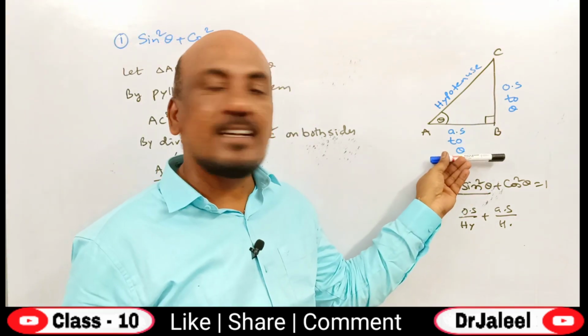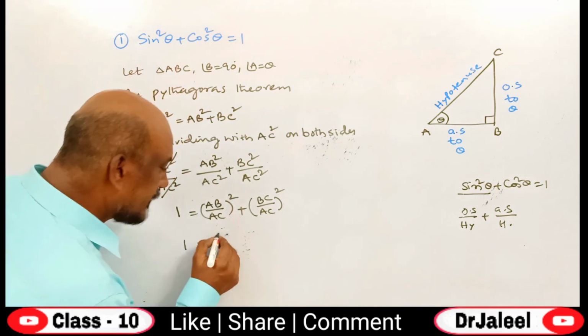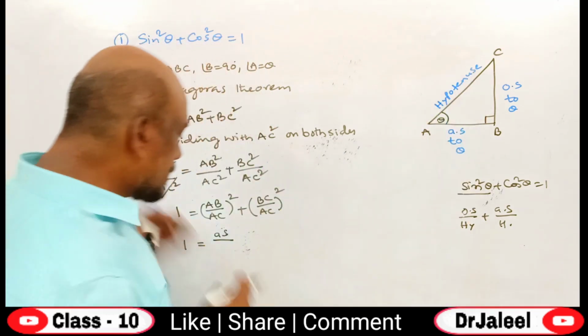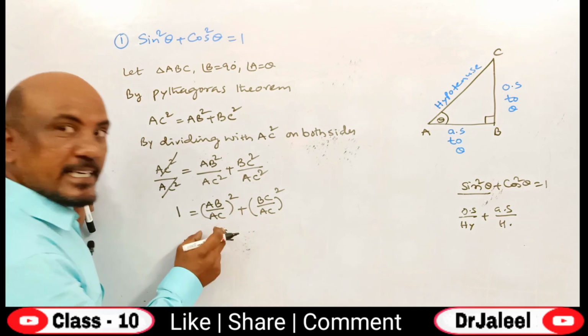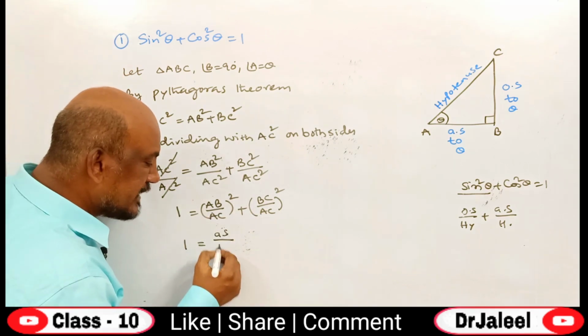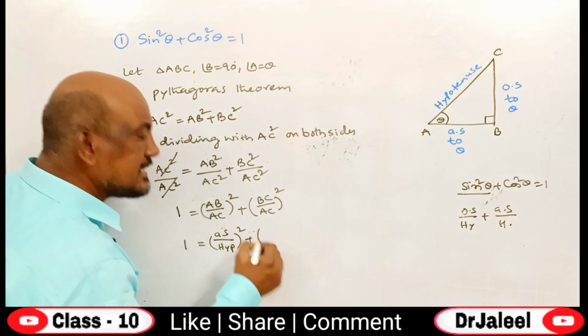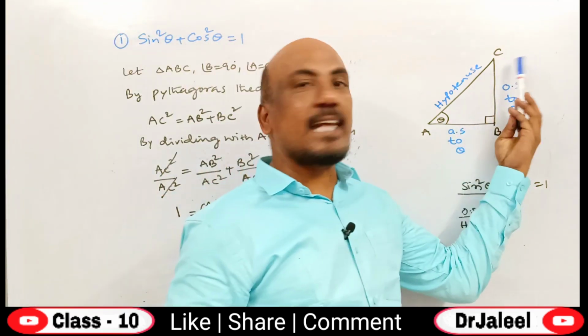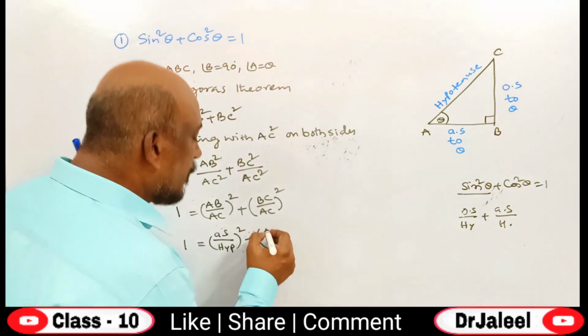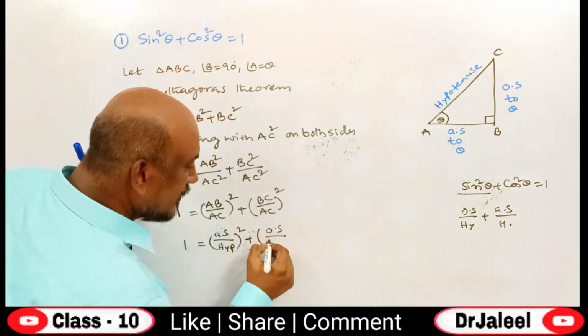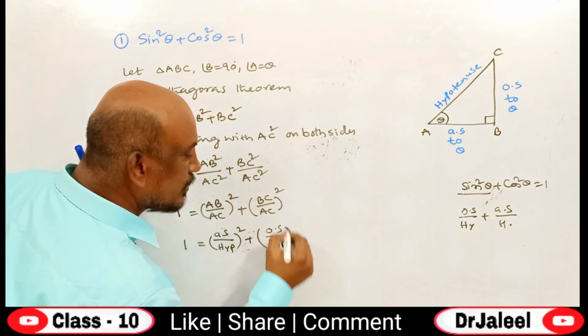Which side is it? Adjacent side. So adjacent side by AC. What is AC? Hypotenuse, as we planned to get hypotenuse in the denominator. So it is adjacent side by hypotenuse whole square plus BC, which is the opposite side, by AC, the hypotenuse, whole square.